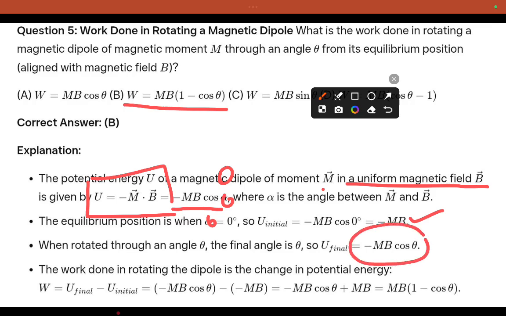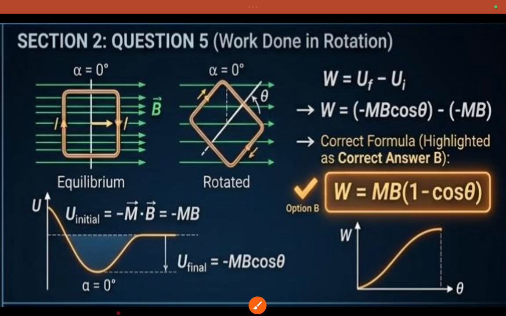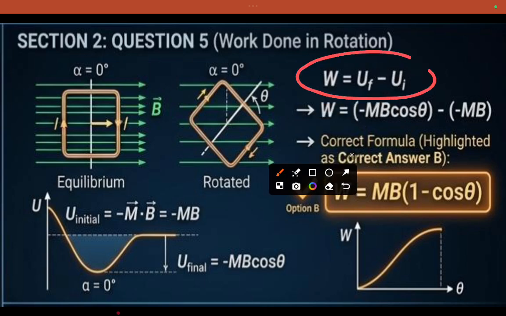The work done in rotating the dipole is the change in potential energy, final minus initial: minus M B cos theta minus of minus M B, which is M B cos theta plus M B, that is M B (1 minus cos theta). So the work done is U f minus U i, where U f is minus M B cos theta and U i is minus M B.